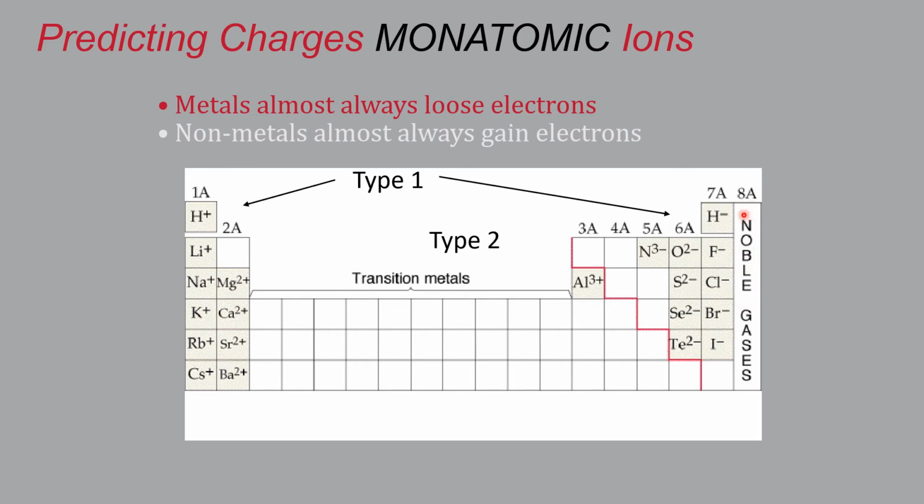The noble gases, if you'll recall, have these magic numbers of electrons. They are perfectly happy the way they are. So they don't give them away, they don't take them, they actually don't do much of anything. So they tend not to form ions. But the first group after that, the halogens, as these are called, fluorine, chlorine, bromine, and iodine, tend to form -1 ions. These guys -2, these guys -3.